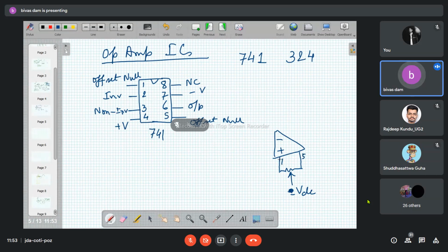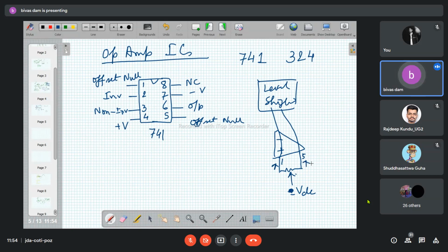Now this is your pin number 1, this is your pin number 5. This pin number 1 and 5, they directly go to the level shifter stage. So if I move this wiper position, some part of the negative voltage is available through this pin number 1 and some part is available through this pin number 5.